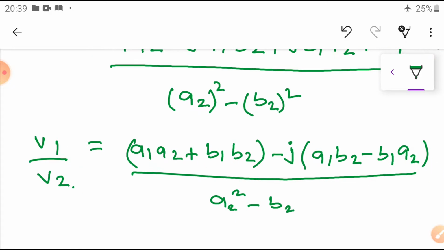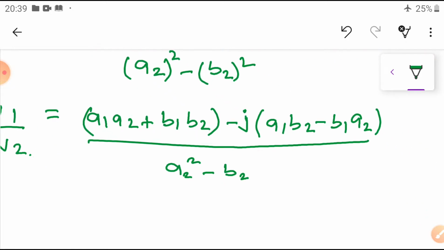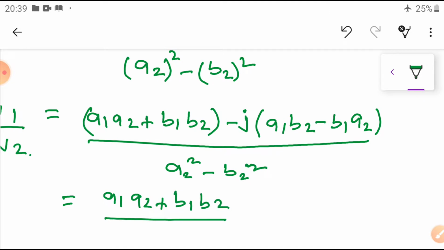Then we can represent it separately. If I want the magnitude, I can represent it as A1 A2 plus B1 B2, divided by the common property. What is the common property? A2 whole square minus B2 whole square.